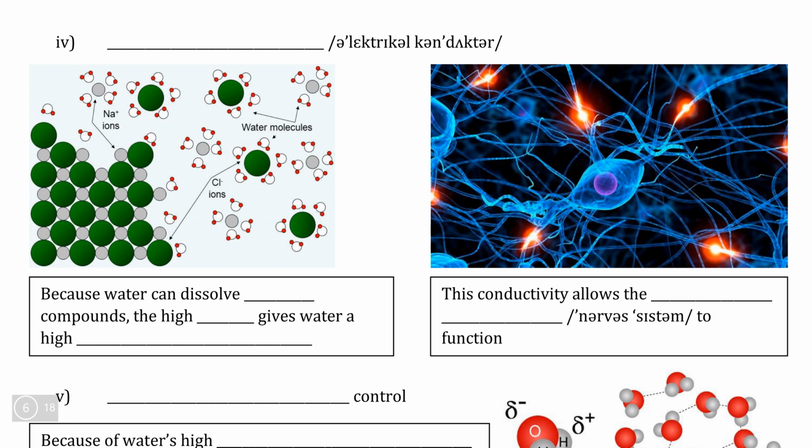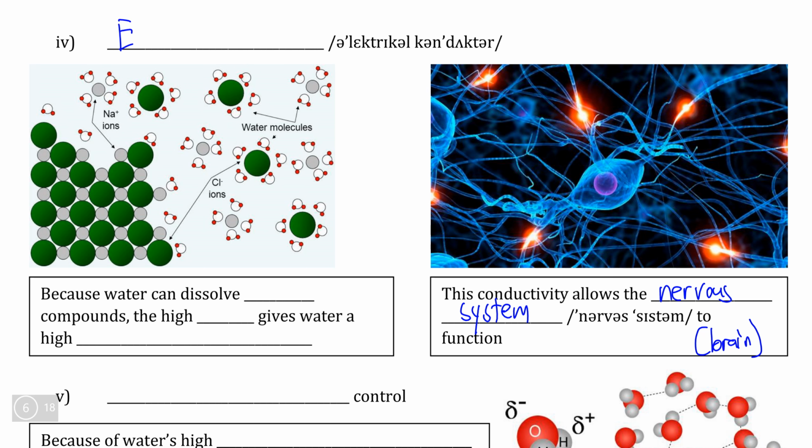Now, the next function that we're going to talk about involves us looking at your nervous system. So the nervous system is the control center of the human body, and again, of pretty much any organism's body. The primary organ of the nervous system, of course, is the brain, and the brain basically relies on sending a large number of electrical signals to everywhere else in the body in order to tell them what to do.